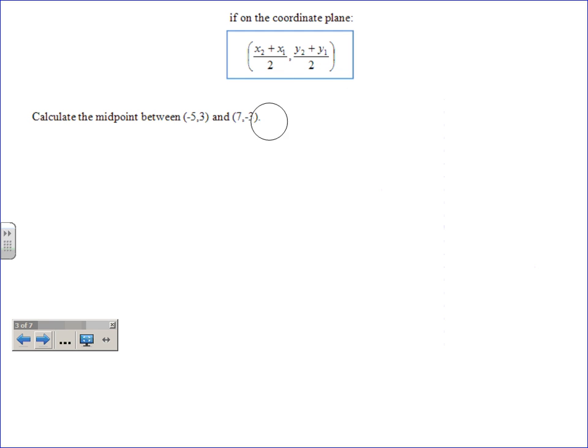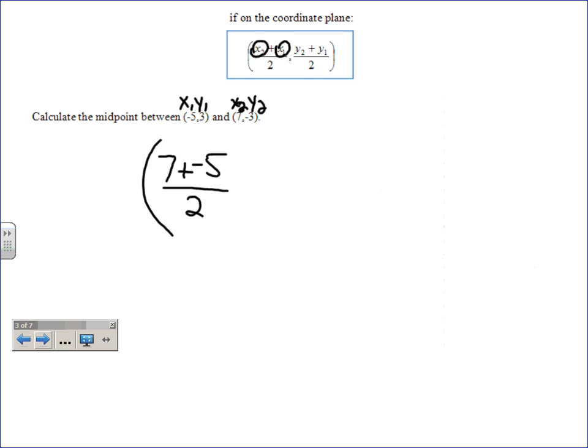Okay? And a lot of times what I like to do is actually just label them. First X, first Y, second X. Wow, that's a great Y. Okay, second Y. And if you do that, then you can substitute the information in. So if I'm going to follow this, it says take X sub 2, which according to me is 7, plus X sub 1, which is negative 5, and then I'm supposed to divide it by 2.